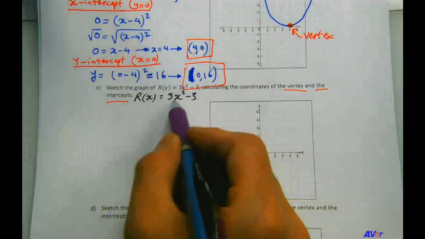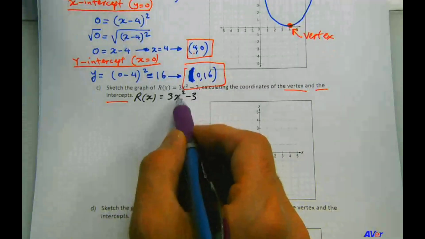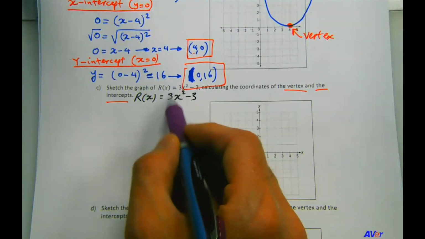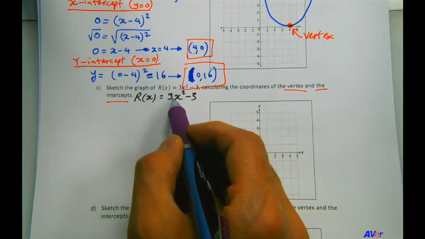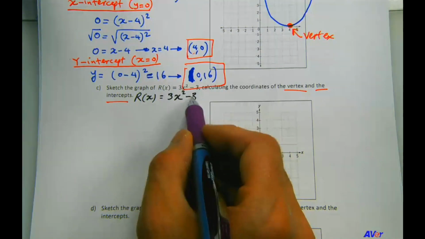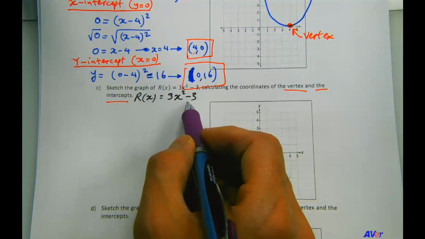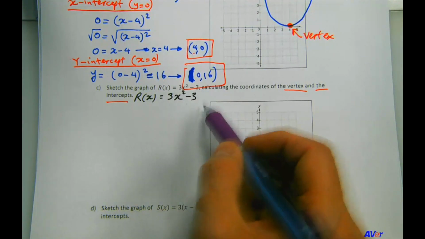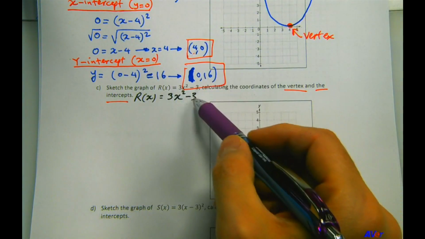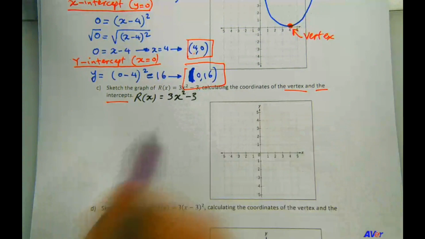We know that this is just the original quadratic function stretched along the vertical axis using this coefficient 3. So it's stretched vertically, and then it's dropped down 3 units. So the vertex should be at 0, comma, negative 3. Right? It's clear from this.